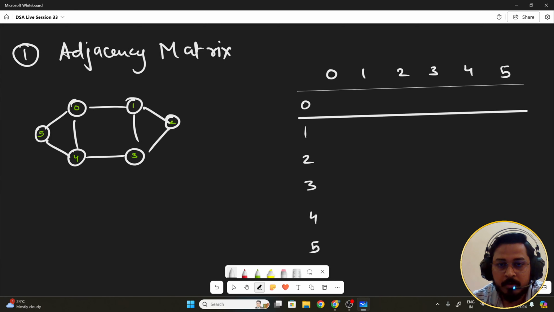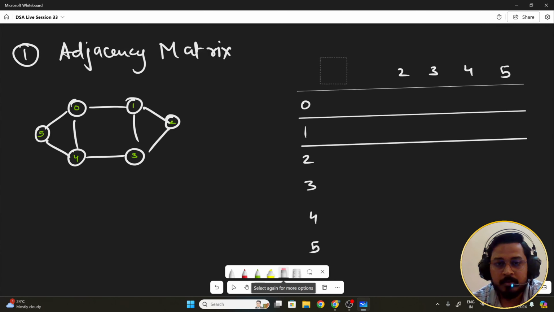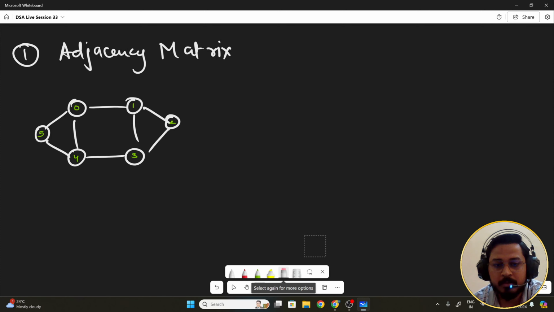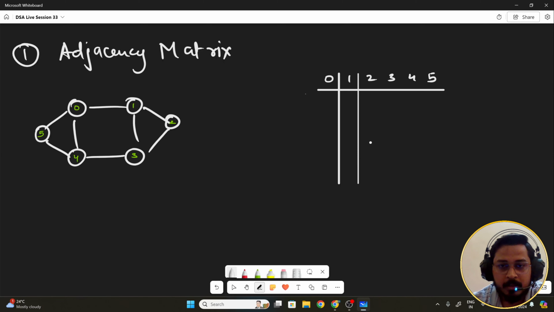Let us create a smaller one. Actually, this became way too big. So I said 0, 1, 2, 3, 4, 5. These are the columns. So write like this, and write like this.